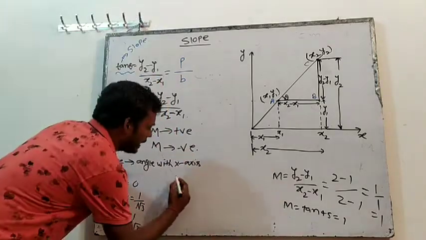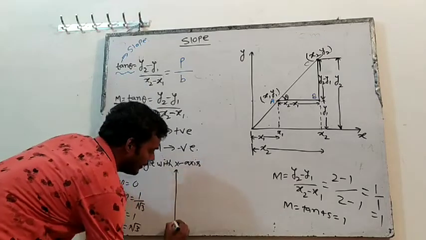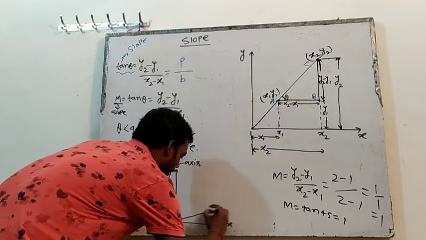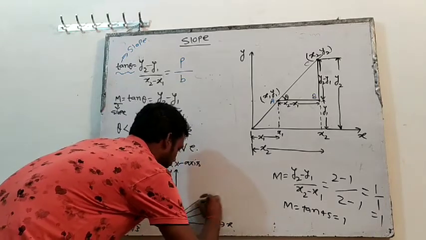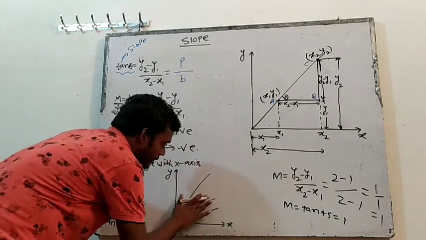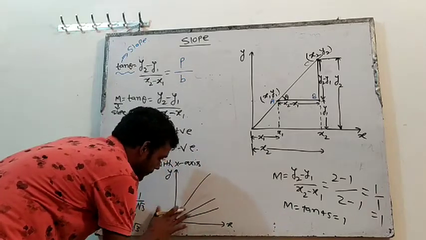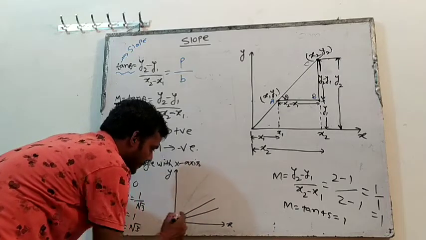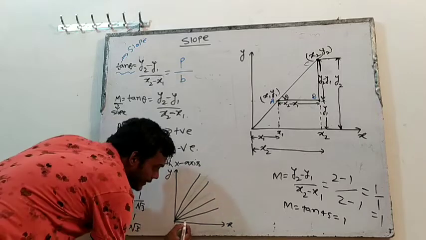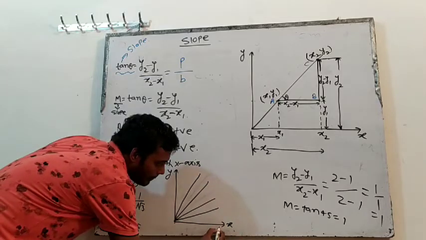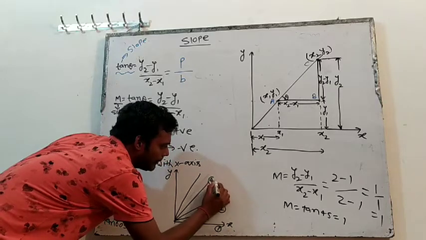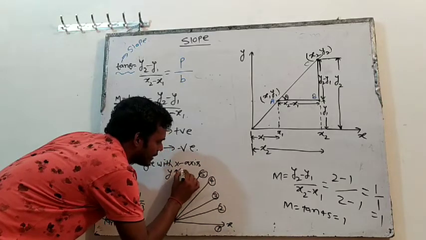Let's understand it in a better way. Suppose this is our x-axis, this is our y-axis. There are many lines. Let's say this is our first line, this is our second line, third line, fourth line, fifth line, and this is our sixth line.